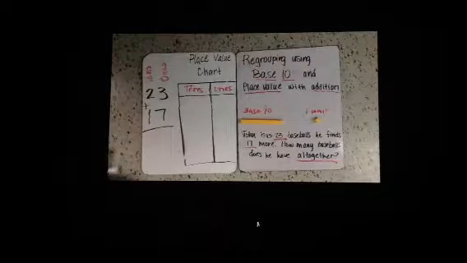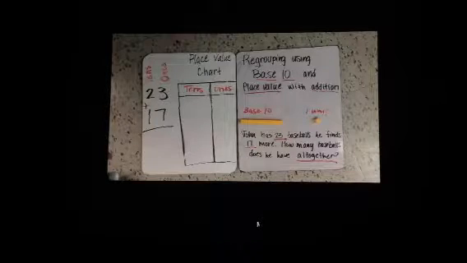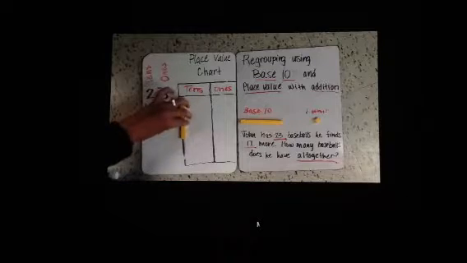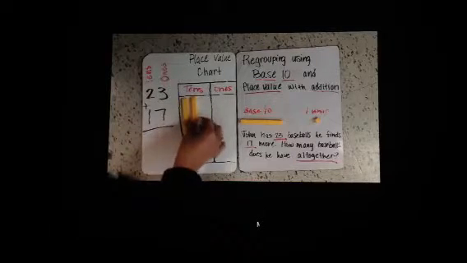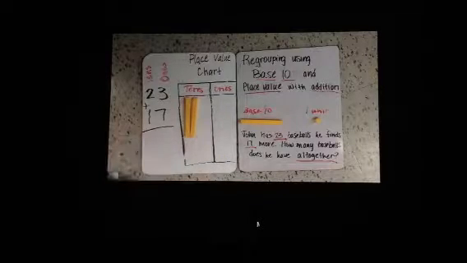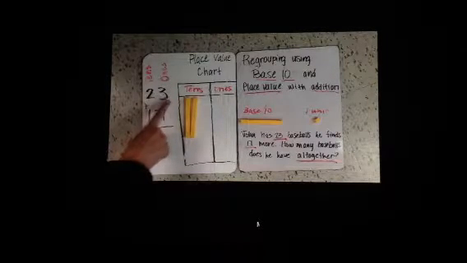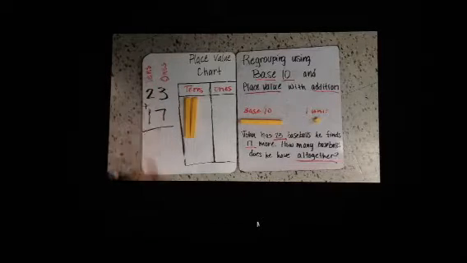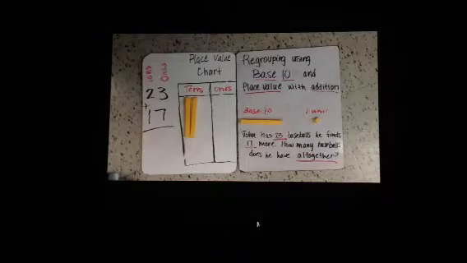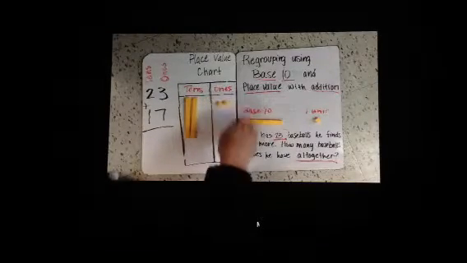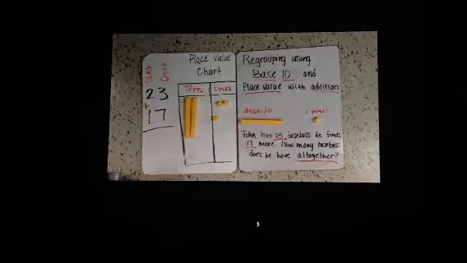So, we will use our base 10. 1, 2. Now we can look at the ones place. We know that there are 3 ones, so we need 3 units. 1, 2, 3.